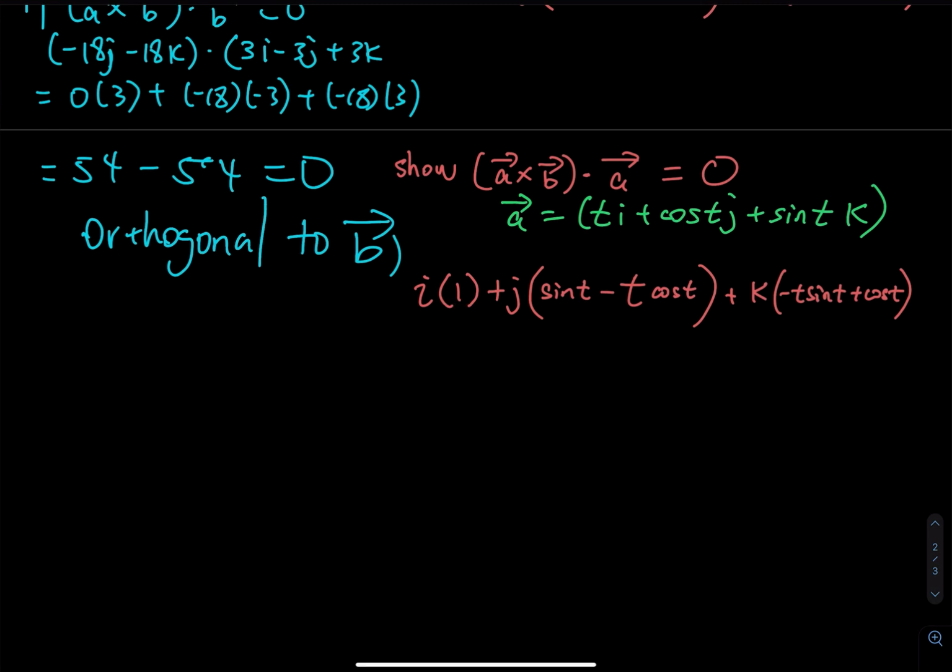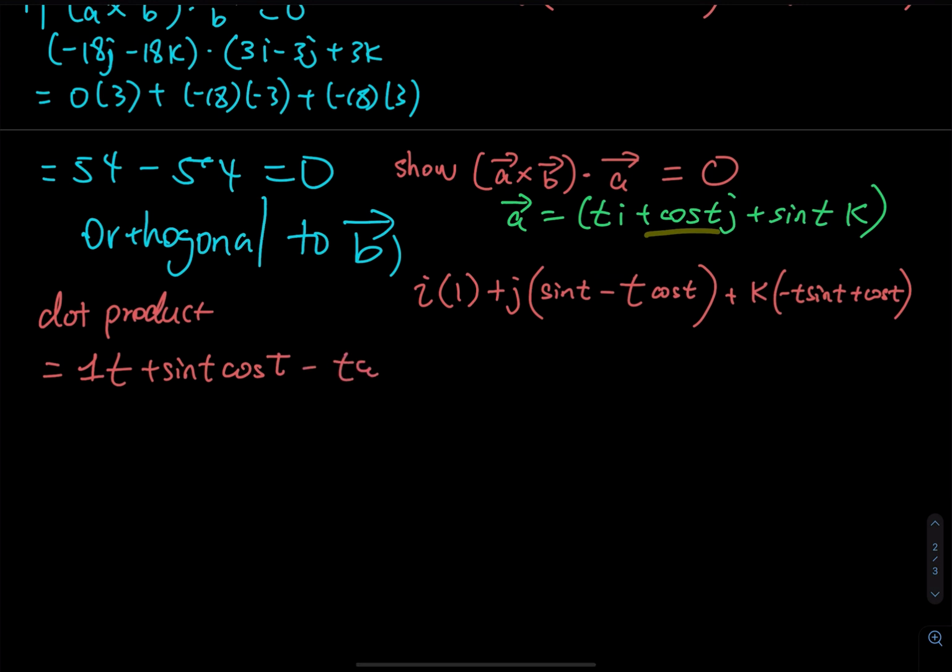So the dot product is equal to, we have 1 times t. And then we multiply the cosine in this parenthesis. So that will be a little distribution, right? So we have cosine t times sine t. So we add sine t cosine of t, and then we minus t times cosine square of t.